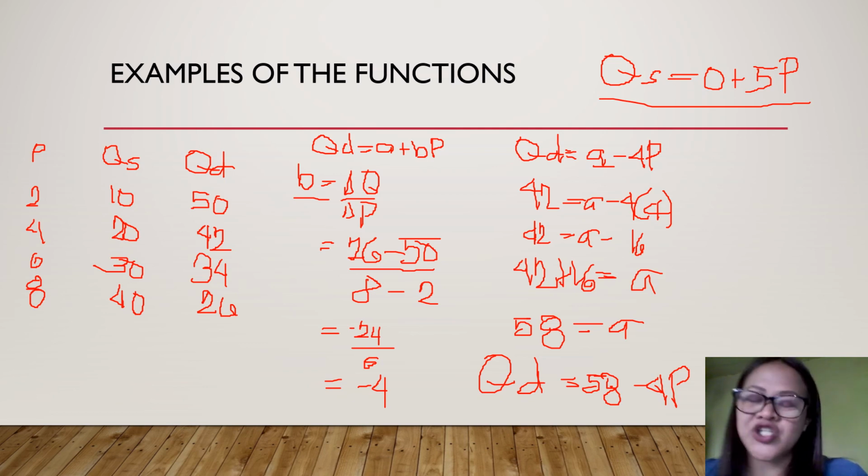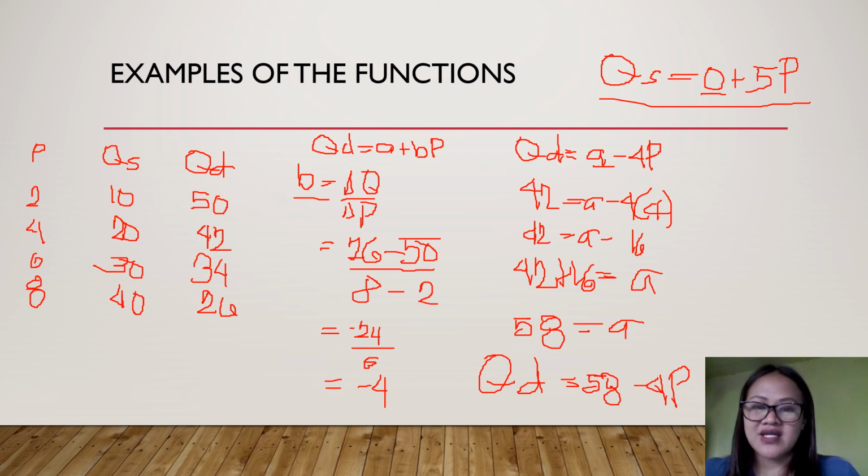And how much is the amount that a supplier could sell if the price of the product is 0? Then it is also 0. Ito ang pinakamababa na kaya nilang i-produce pag ang presyo ng produkto ay 0. So that is another difference between demand and supply.